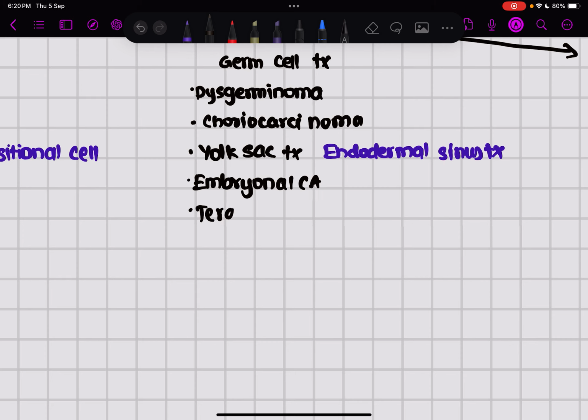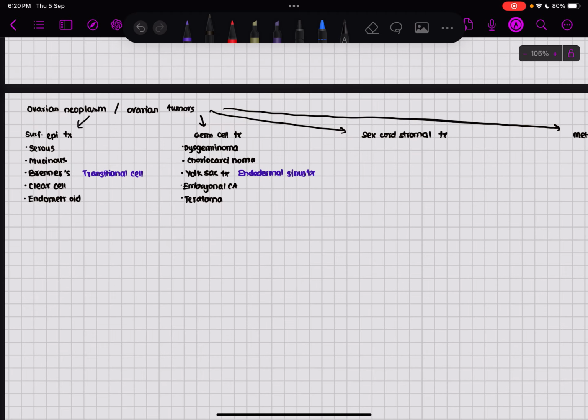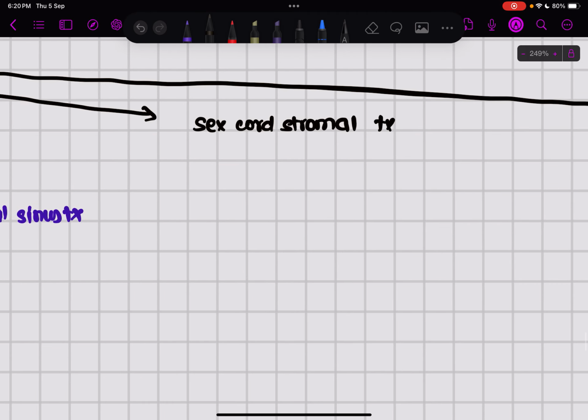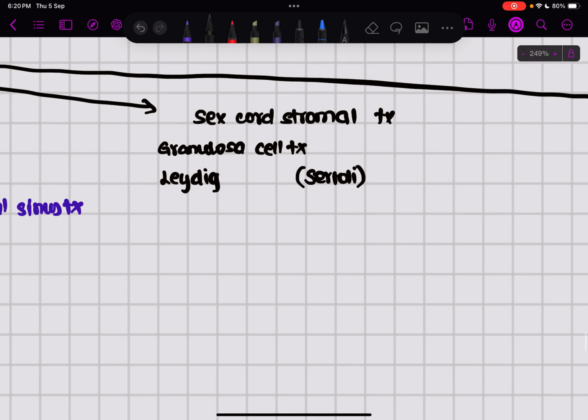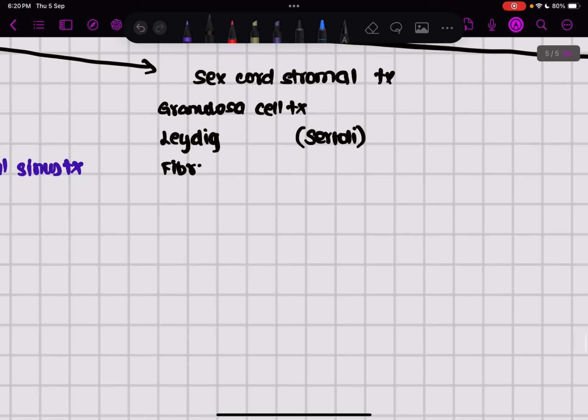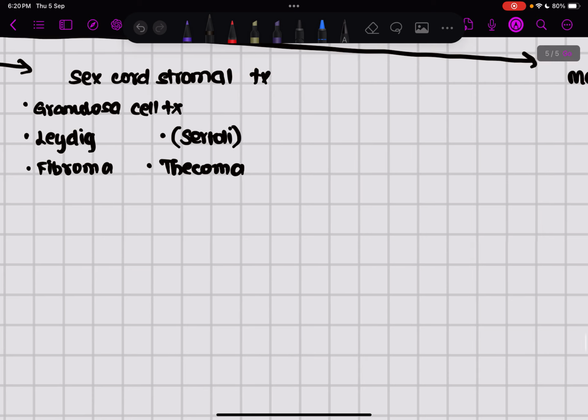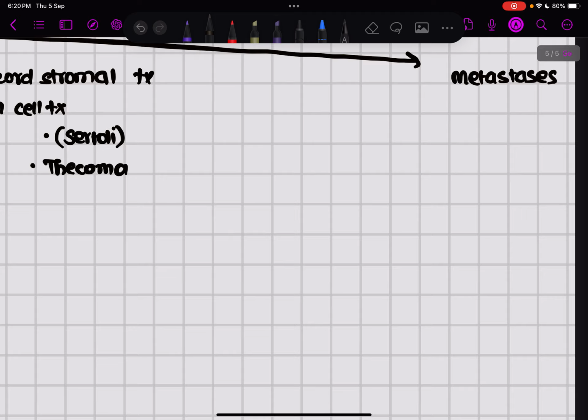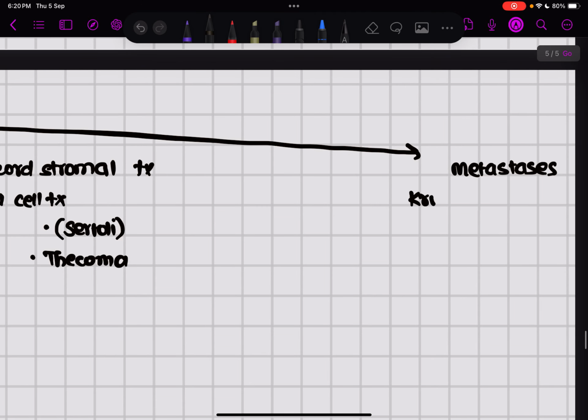Then teratoma, ovarian teratoma. Sex cord stromal tumors include granulosa cell tumor, Leydig cell, Sertoli cell, fibroma, and thecoma. Metastases include only one, which is Krukenberg's tumor.